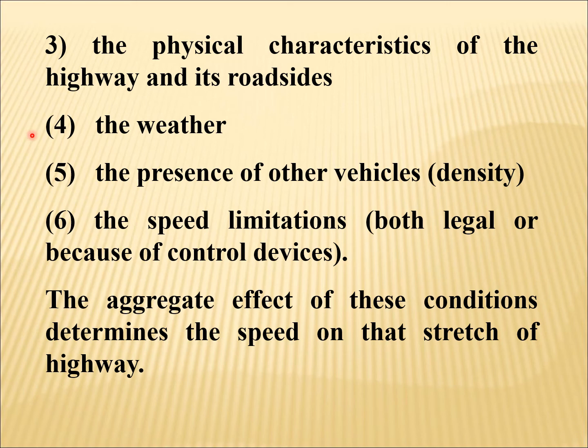Number 4, the weather. Number 5, the presence of other vehicles. Number 6, the speed limitations, both legal and because of control devices. The aggregate effect of these conditions determines the speed on that stretch of highway.